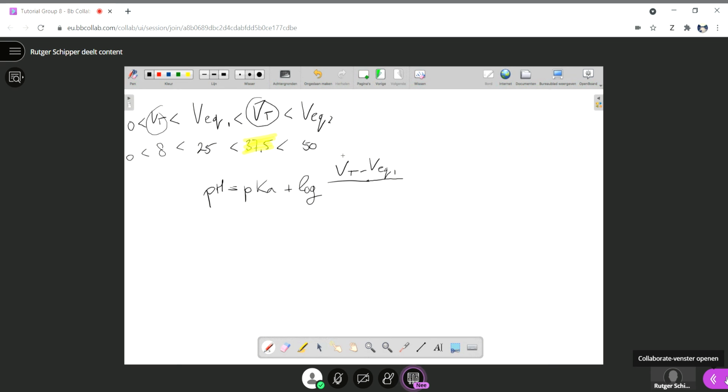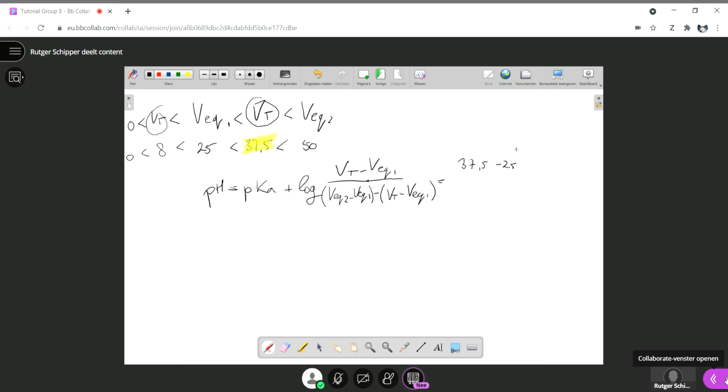So what we get is, well, I will write it down for you. It looks like the formula has changed, but in fact, it corrects for the first equivalence point that has been reached already. So in this case, we can just write down 37.5 minus 25, and that makes sense, right?